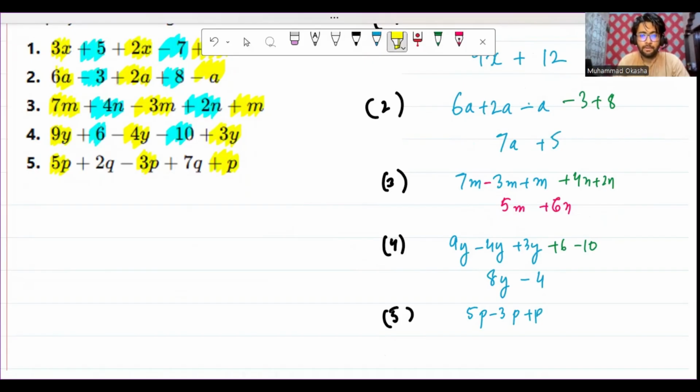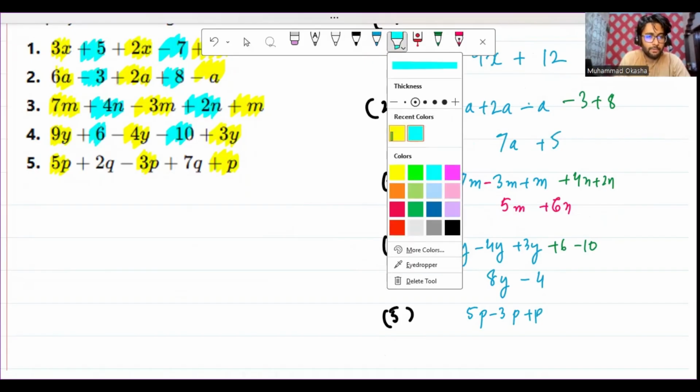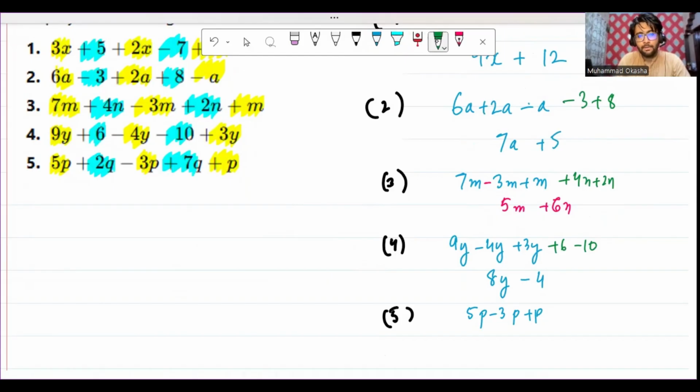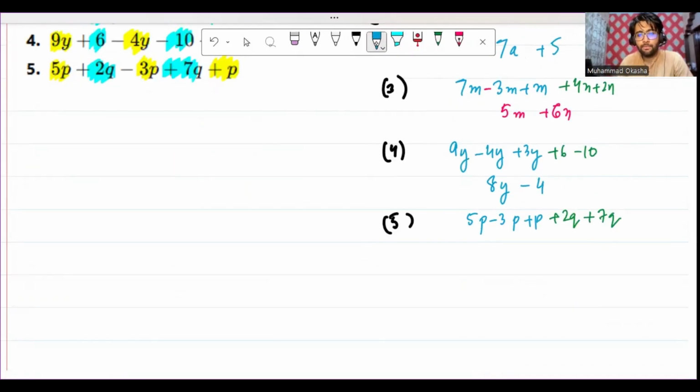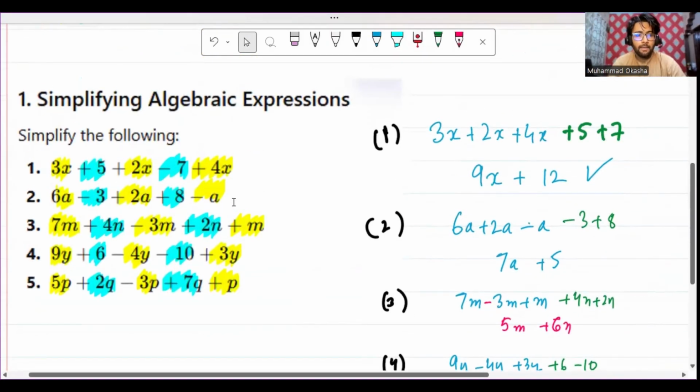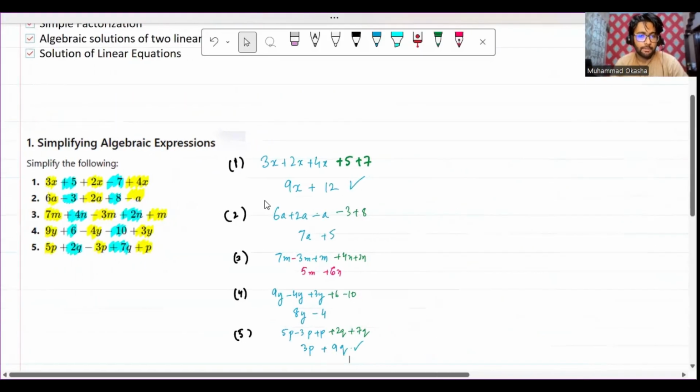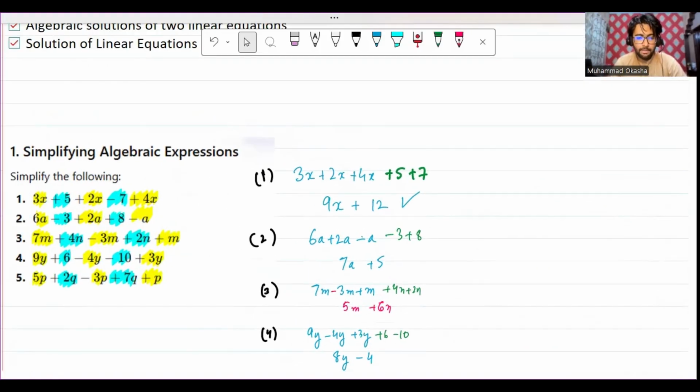And the rest of the terms are q terms, so plus 2q plus 7q. 5 minus 3 would be 2, 2 plus 1 would be 3. So that's going to be 3p. Plus 2 plus 7, that's going to be 9q. And we're done. So that's how you simplify. It's all about adding the like terms together. Okay, so I hope it makes sense.